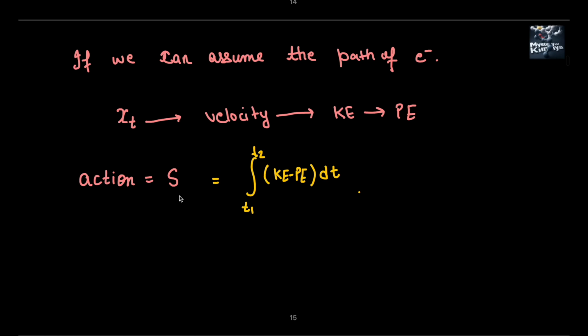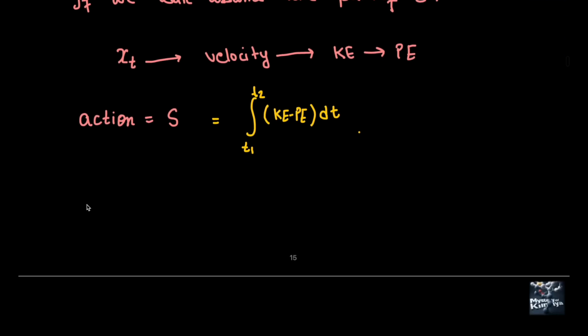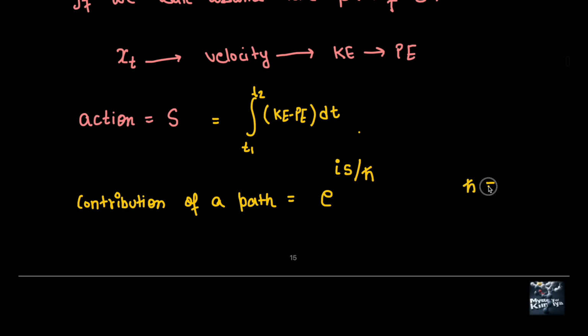If we can find the action associated with a particular path, then we can find the contribution of that path, and the contribution of a path is equal to e to the power iS by h cross, where h cross is equal to h upon 2 pi.